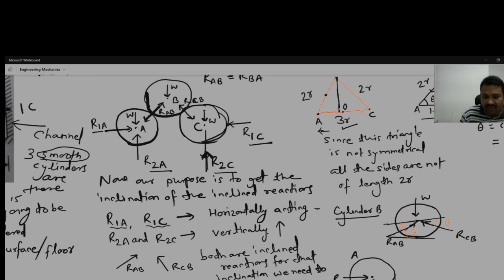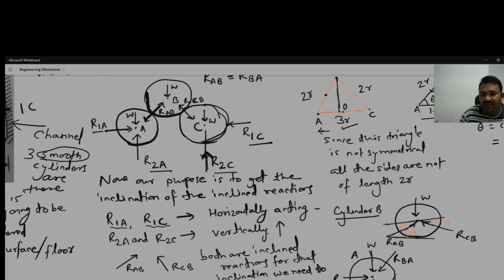This is R1A, it is R2A, and the weight of the cylinder, that is W, and this one, it is RBA.